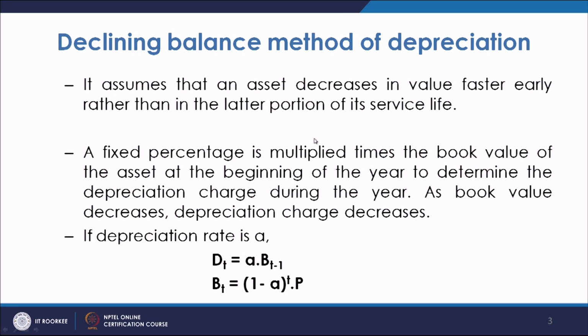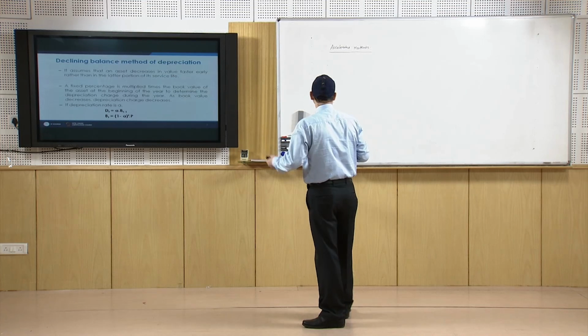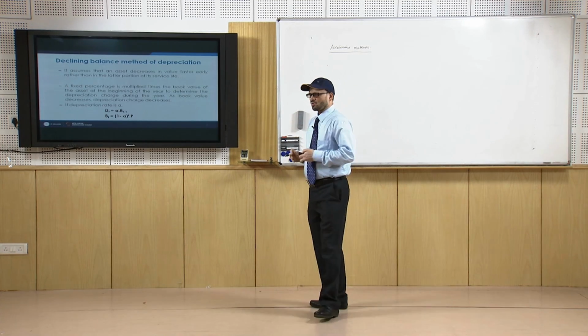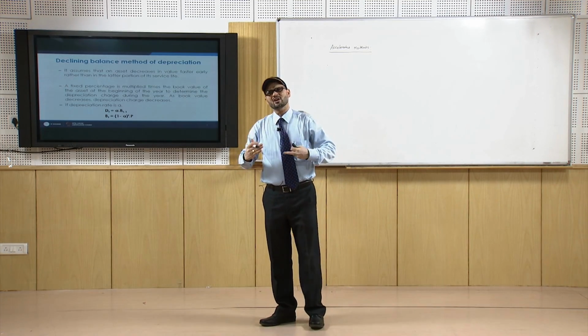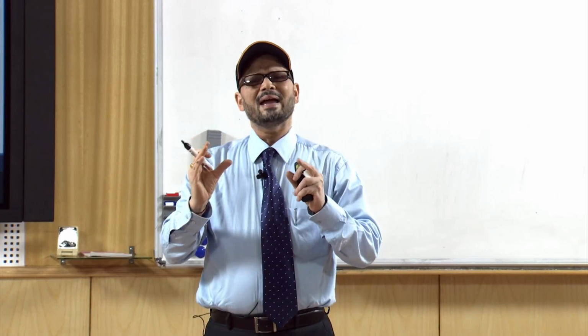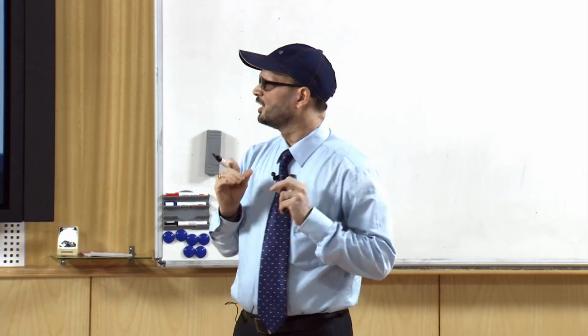So, how do we calculate the depreciation charges in this? Basically, a fixed percentage is multiplied times the book value of the asset at the beginning of the year to determine the depreciation charge during the year. As book value decreases, the depreciation charge decreases. So the amount of depreciation depends upon the book value at the start of the year.